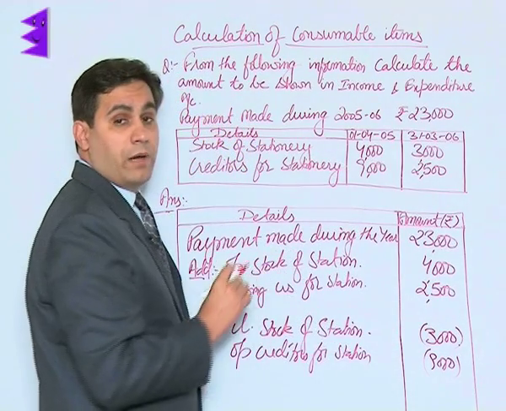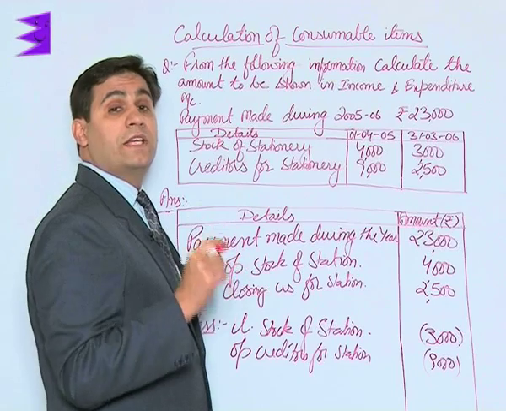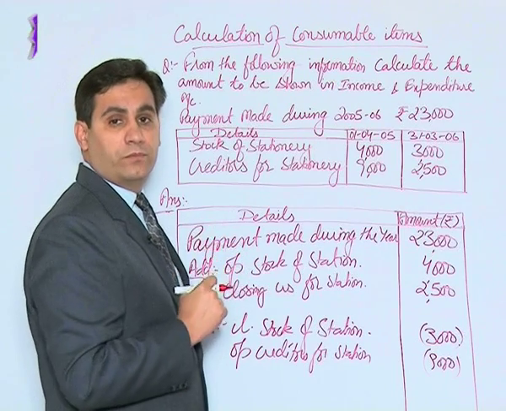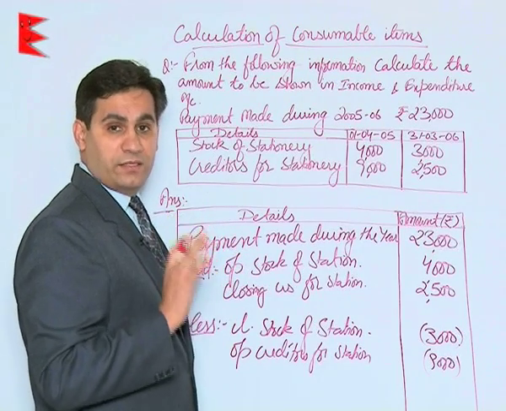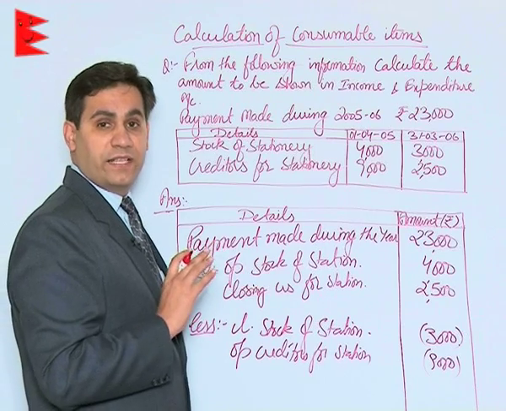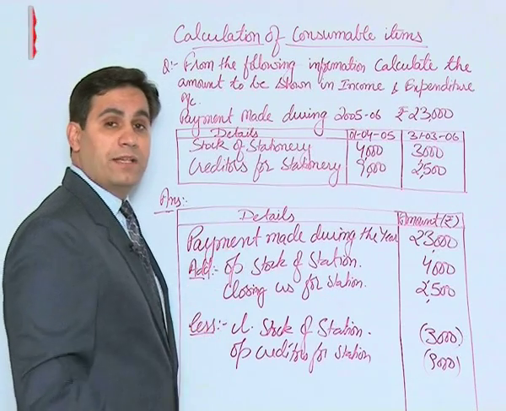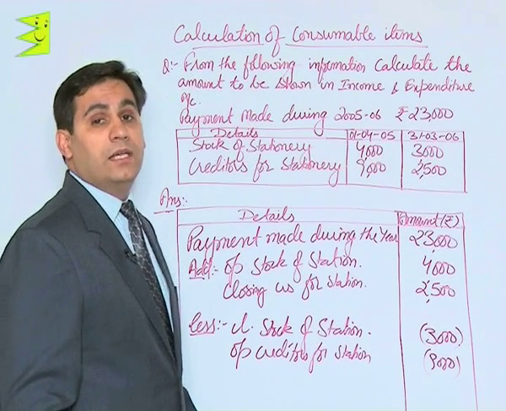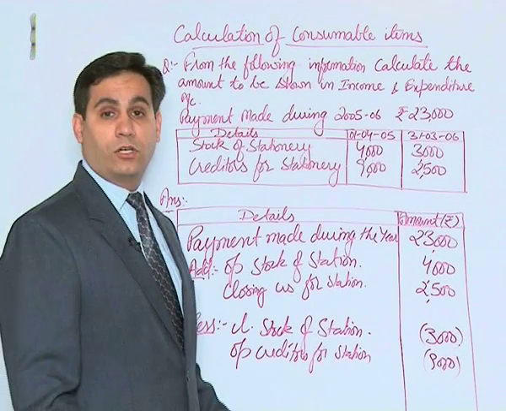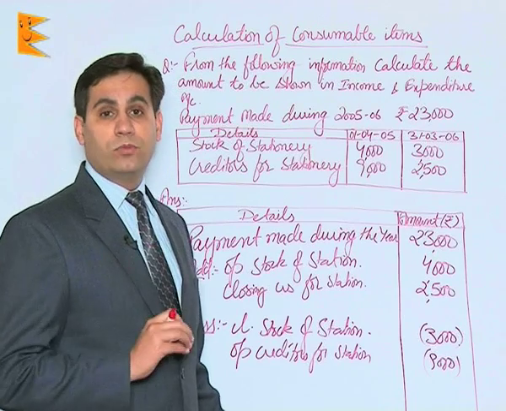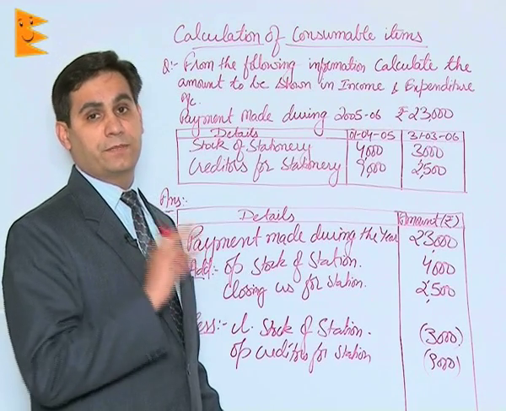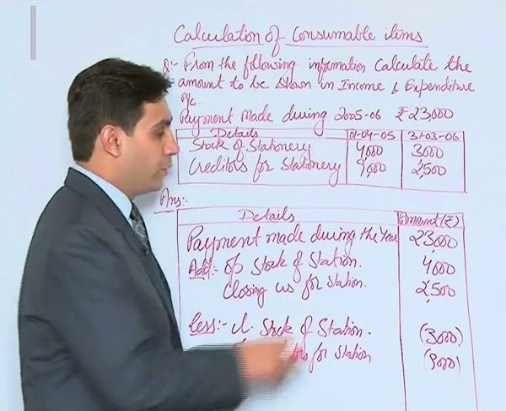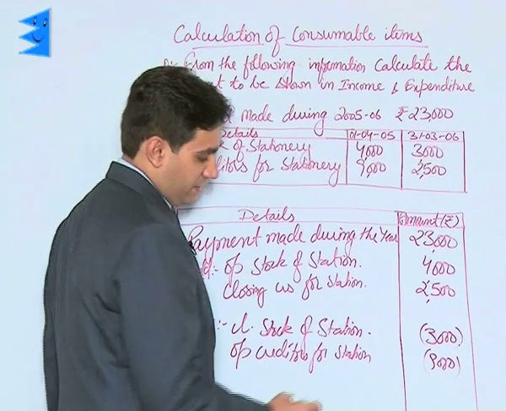Because this amount relates to the expense made during this year. Although payment has not been made, since it stands in the credit side, that means payment has not yet been made. But as per matching principle, it is hardly a matter whether the payment has been made or not. Since this amount has been consumed during this year, it should be taken as an expense for this year. So it would be added to the expenses.